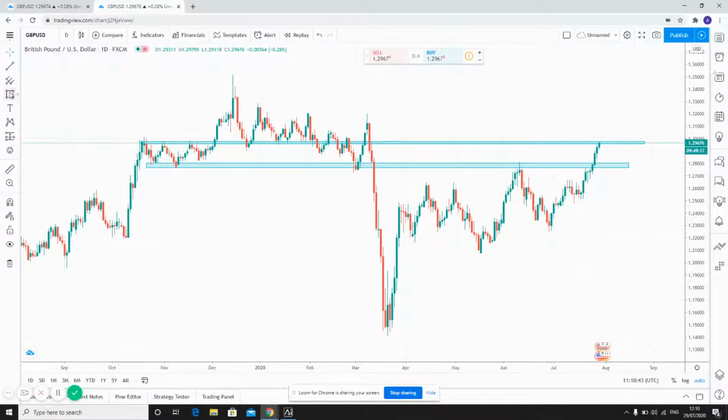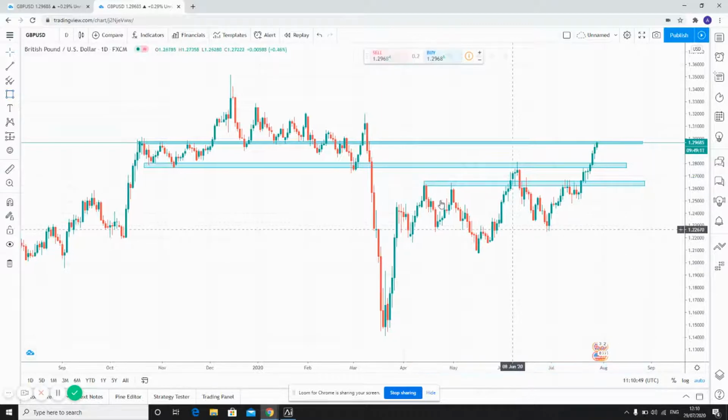Some of the other levels that we look for, again, coming into this level here, we want to mark this level. Why have we marked this level? Well, quite clearly, we can see price has been quite reactive to this level as a dynamic resistance. So you've had one touch here, rejection, one touch here, rejection. Buyers broke it here, but then found resistance in this upper band and rejected all the way back down.